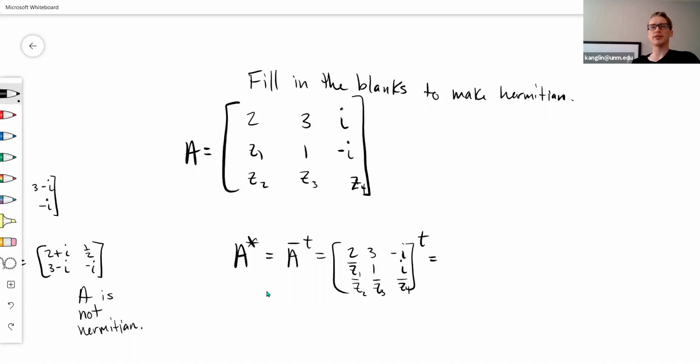And now look what happens. If we go ahead and apply the transpose now, we've fully got the conjugate transpose. I just have to finish writing it down. Oops, I made a mistake there.